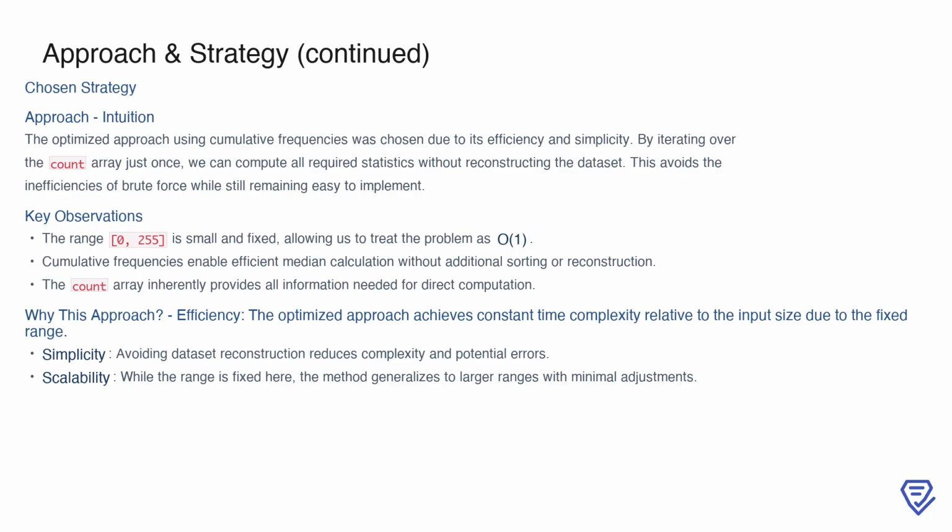Finally, the count array already provides all the necessary information for direct computation, making this approach both elegant and practical. In terms of efficiency, this method minimizes computational overhead, while its simplicity reduces the likelihood of implementation errors. Additionally, although the range in this problem is fixed, the method generalizes well to larger ranges with only minimal adjustments.